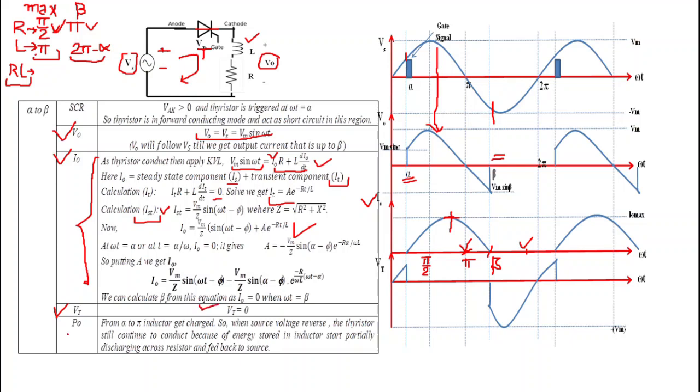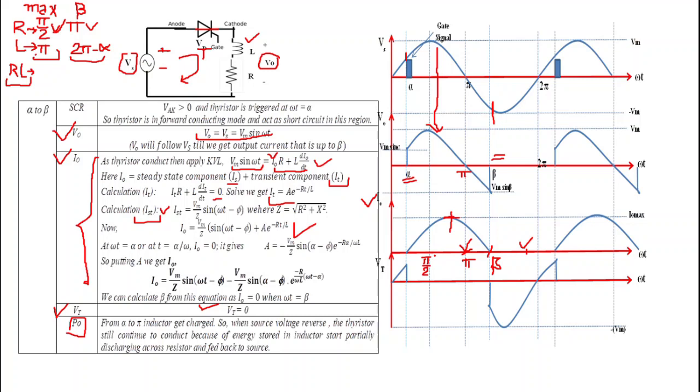And what is output power P naught? For P naught we can see that from alpha to pi, V naught is positive and I naught is also positive. That's why we get output power P naught positive, meaning the flow of power is from source to load.